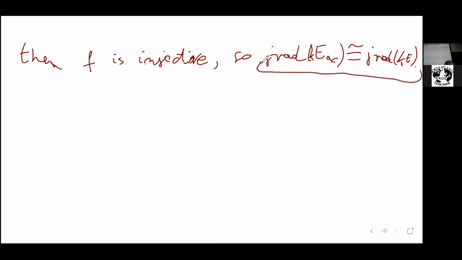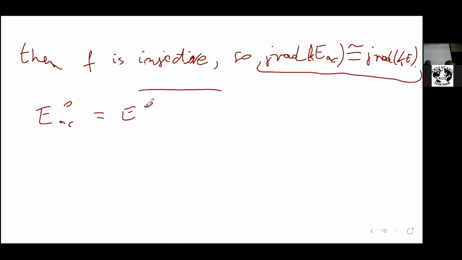So I can find an acyclic graph and then the Jacobson radical of an acyclic graph, which means the arrow ideal in the path algebra, is exactly equal to my given arbitrary Jacobson radical. I have this presentation. So this answers the question of how we go the other way around. And well, what we will have to do, we define EAC 0 to be just the same as E0.